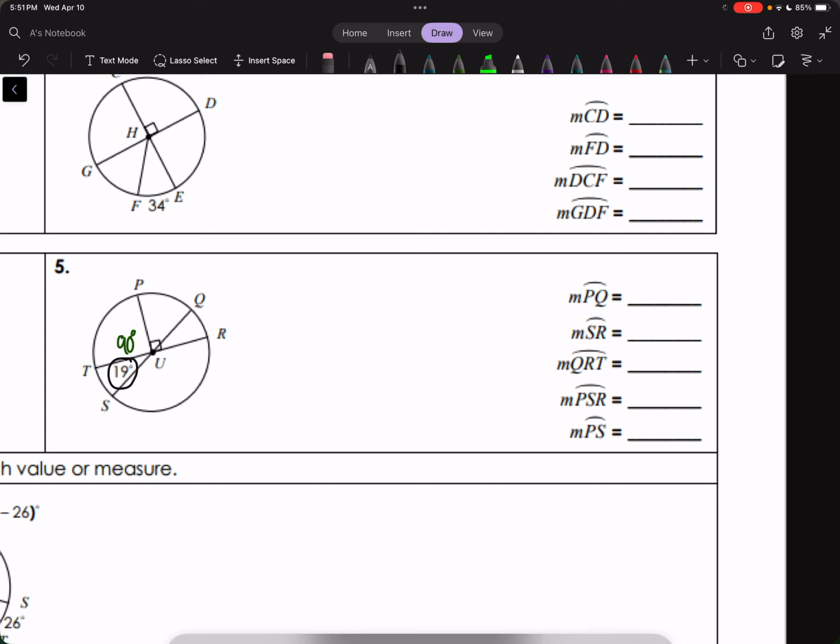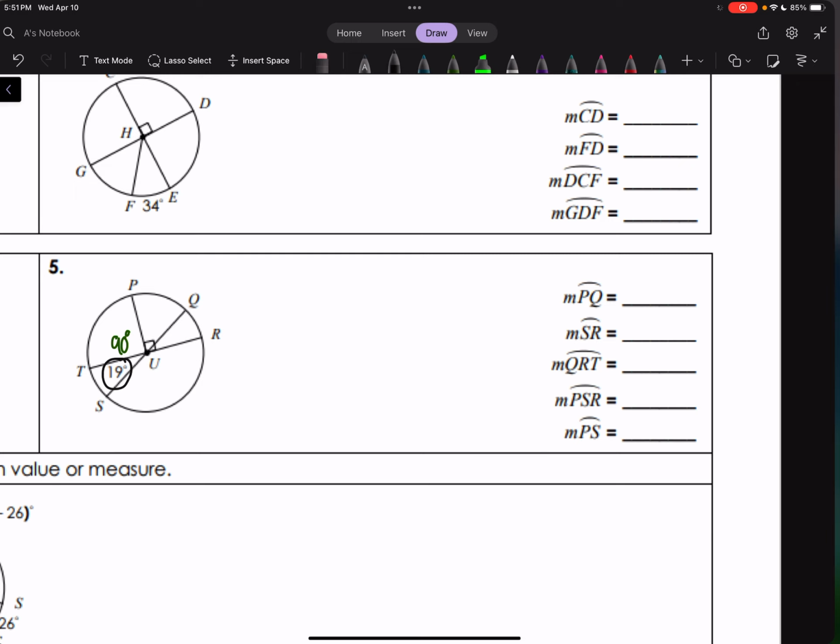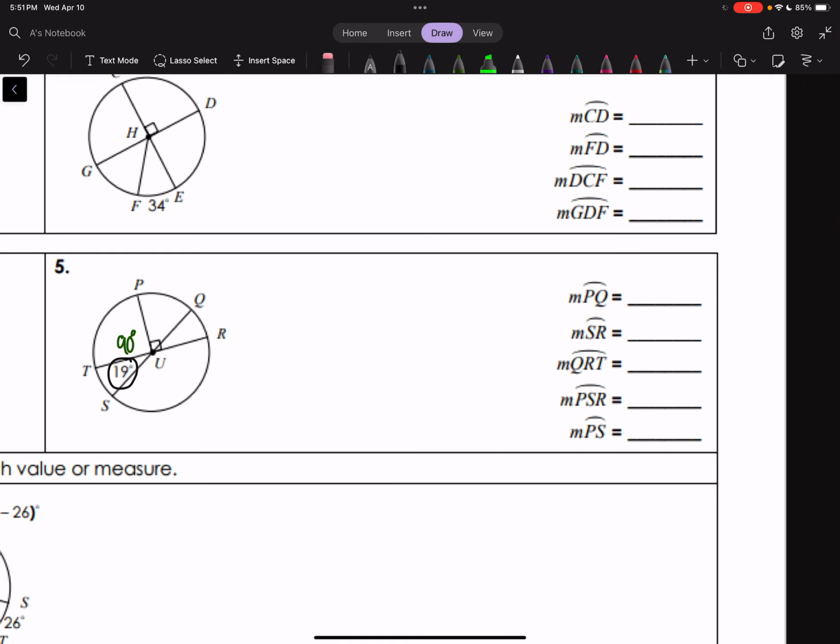If you would notice with me, both TUR and SUQ are diameters, meaning this angle and this angle must be congruent.